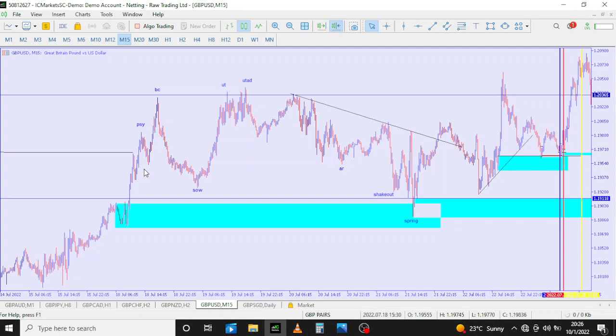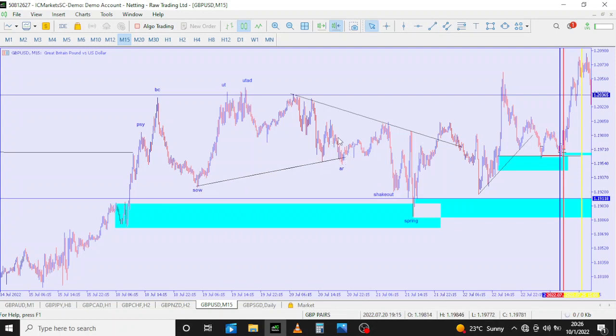If you saw this distribution, and another thing, you see the price create this higher high, higher low, higher high. A lot of people definitely saw this bullish order flow and they were buying.